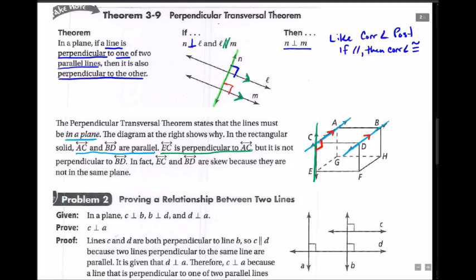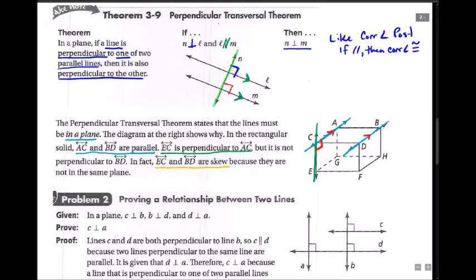So what happens here is line EC is perpendicular to AC, but not BD. Even though these two lines are parallel and line EC is perpendicular to one of them, it is not perpendicular to the other. As a matter of fact, EC and BD are skew.